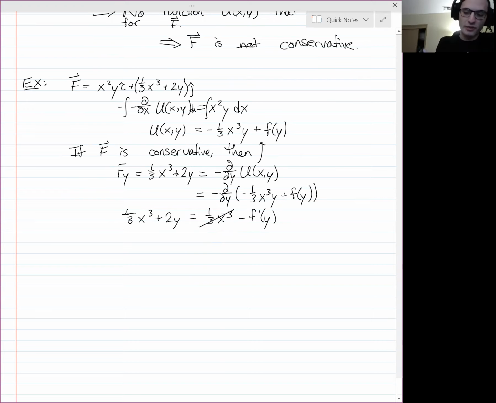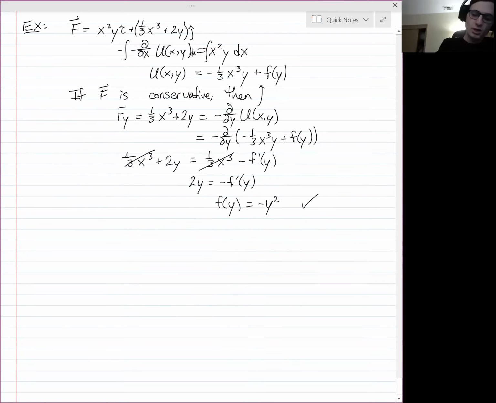Well, we can simplify a little bit. We see that 2y has to be equal to negative f prime of y. Well, that's certainly allowed. In fact, if f of y is negative y squared, then it checks out. And so our potential energy function is the function negative 1/3 x cubed y minus y squared.